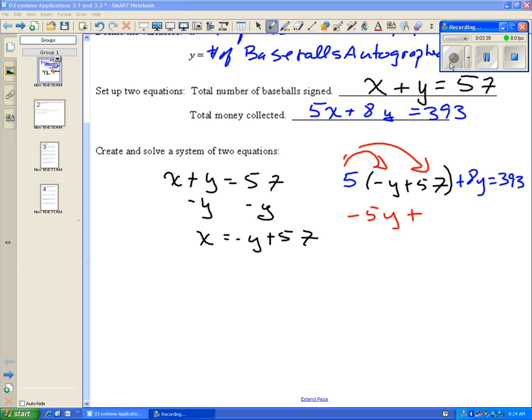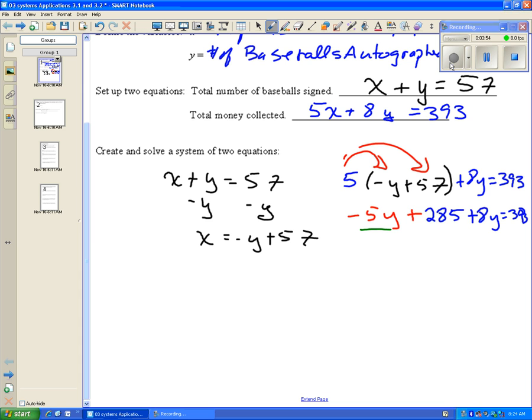Okay, so now I have to multiply 5 times 57, and I get 285 plus 8y is equal to 393. Combine like terms. Negative 5y and 8y is 3y plus 285 is equal to 393. Okay?